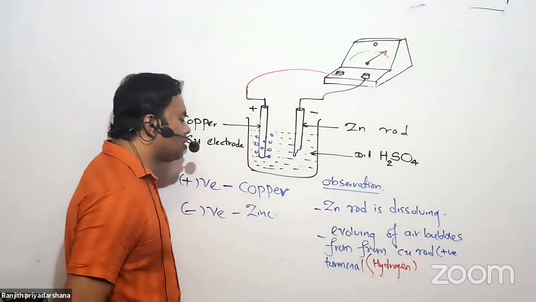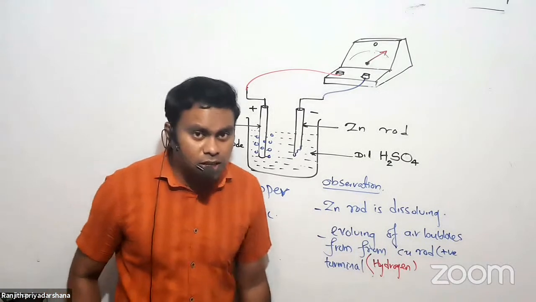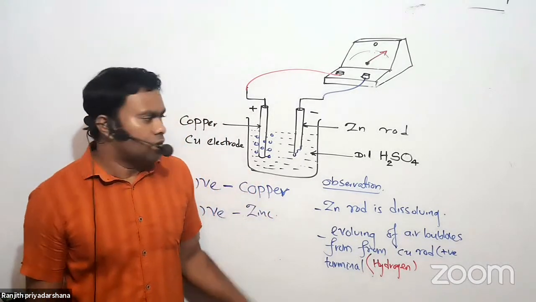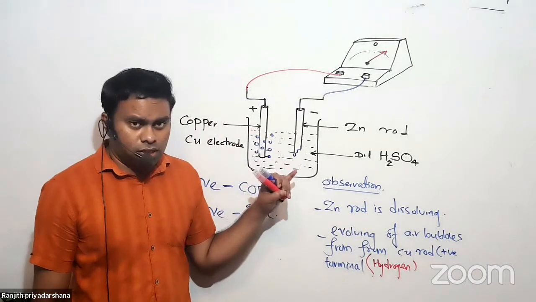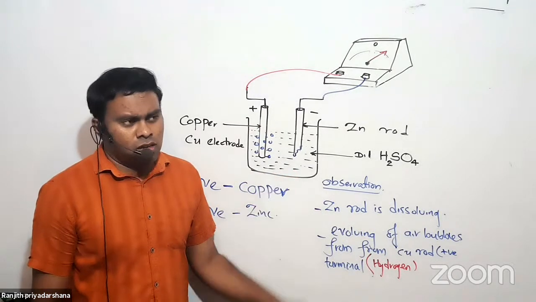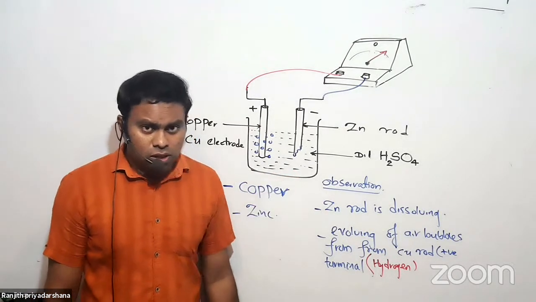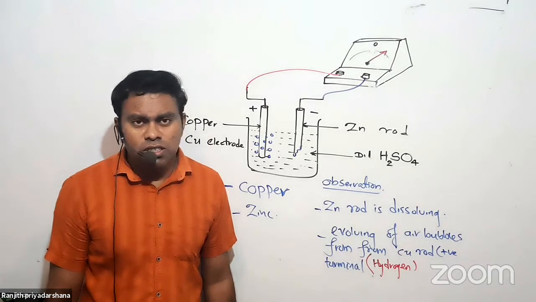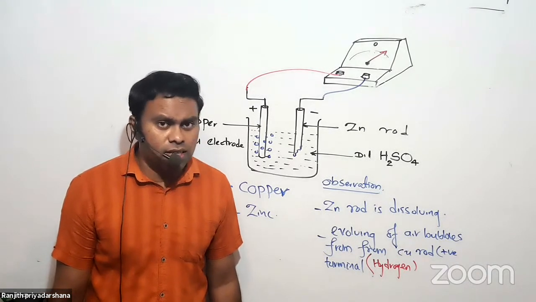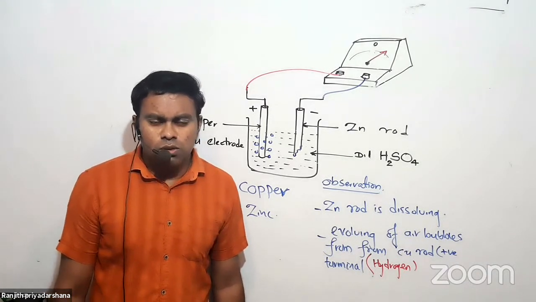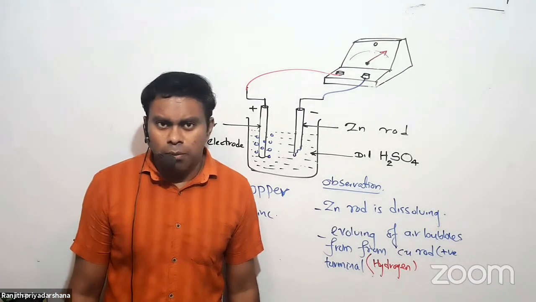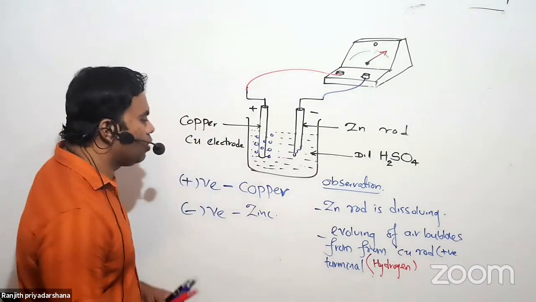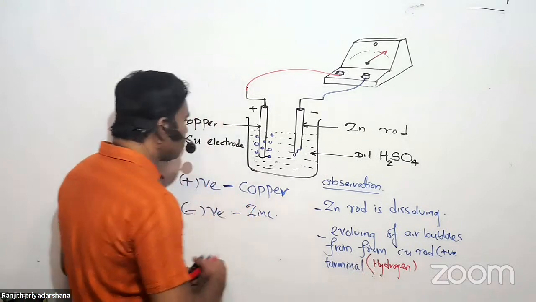When it is burnt, it gives a characteristic pop sound. If you collect it in a test tube and insert a lighted splinter into that hydrogen containing test tube, it gives a characteristic pop sound. That's how you identify hydrogen.